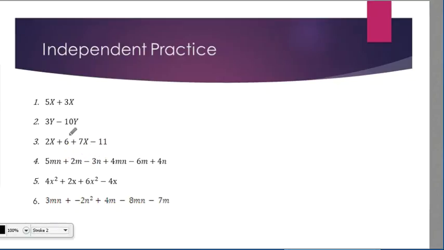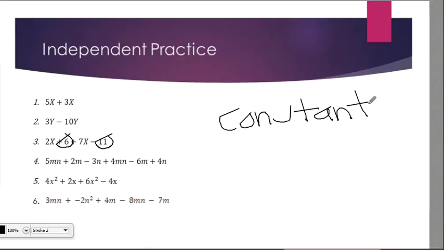Okay, we have 2 terms here that are just numbers. We have 6 and 11. If a term is just a number, we call that a constant.